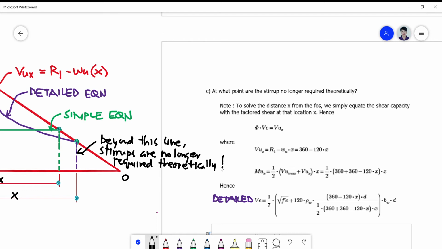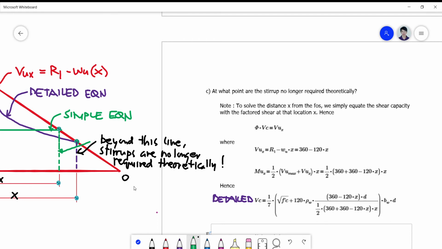In actual practice, we still have to put some stirrups for the purpose of increasing our factor of safety. Also here in this simple equation, the point beyond which stirrups are no longer required is referred to by this line. That is the physical interpretation of what we are going to do in this next computation.